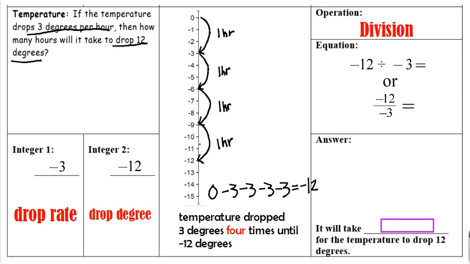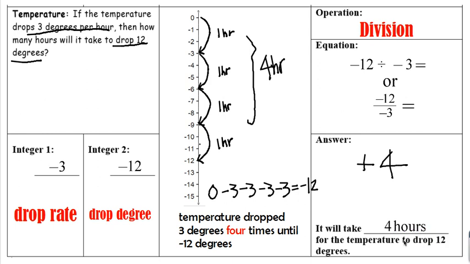So -12 divided by -3, we're dividing same signs, so it's going to be positive, and 12 divided by 3 is 4. It's +4. And we did figure out from the picture that this took us 4 hours. So for our final answer, we should say that it will take 4 hours for the temperature to drop 12 degrees.